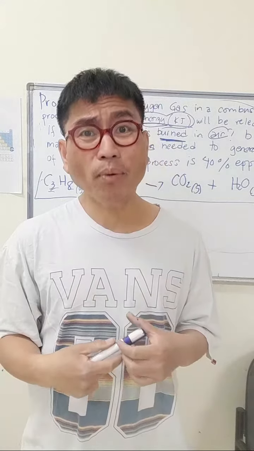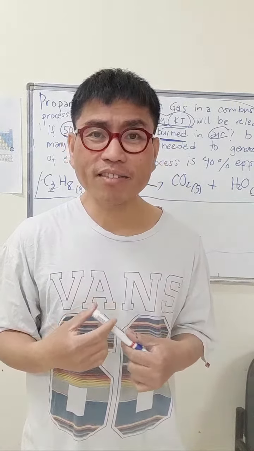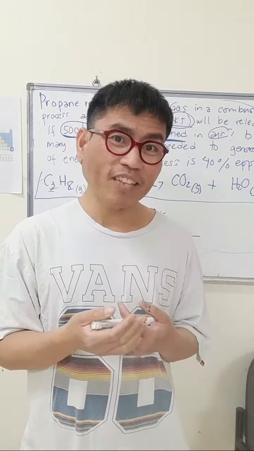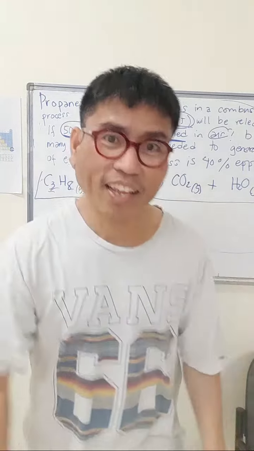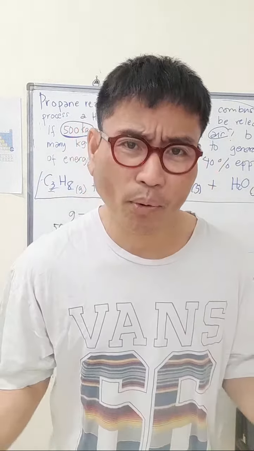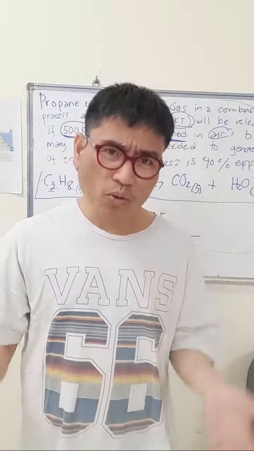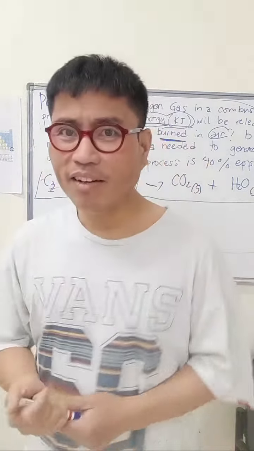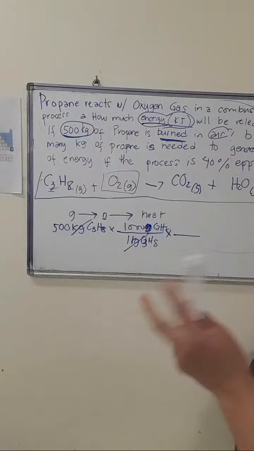You don't have to open the book, unless your teacher says you're allowed to bring the periodic table. Perfect. I can see the atomic weight, the atomic mass, the atomic number, the mass number, the electrons, the protons in the periodic table. So you memorize the common ones.